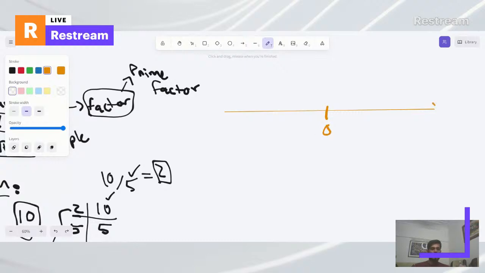Now this point goes into positive infinity. Why am I writing positive infinity? Because the number can go to the largest point possible. You can imagine any highest possible positive number and it's going to be there, right? By writing this, I mean that. Similarly, on the left hand side we write negative infinity. That means it's going to go on to the maximum possible negative number that you can imagine. It's going to be there in the number line.